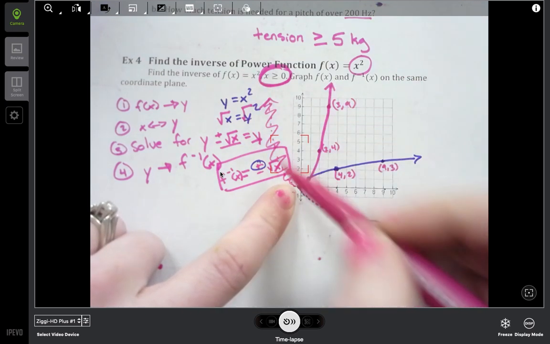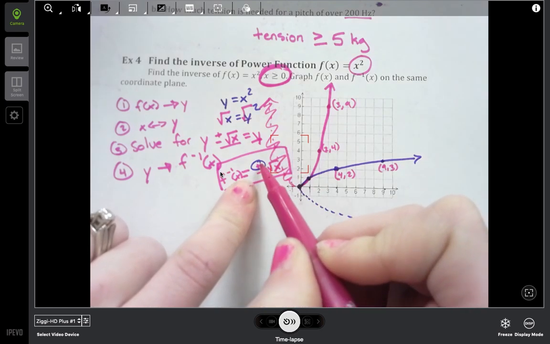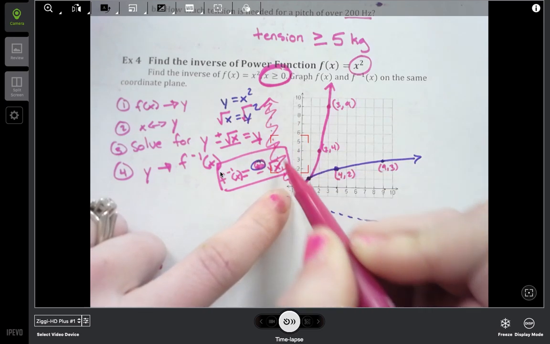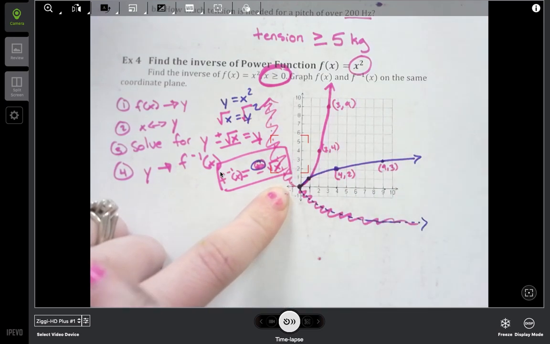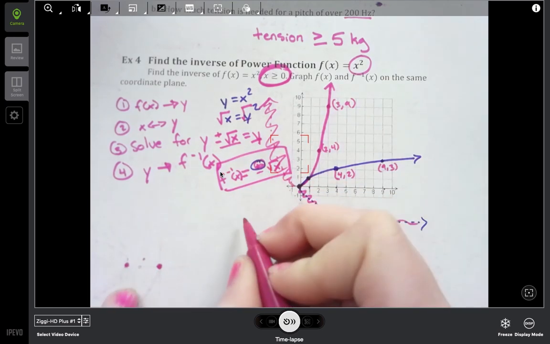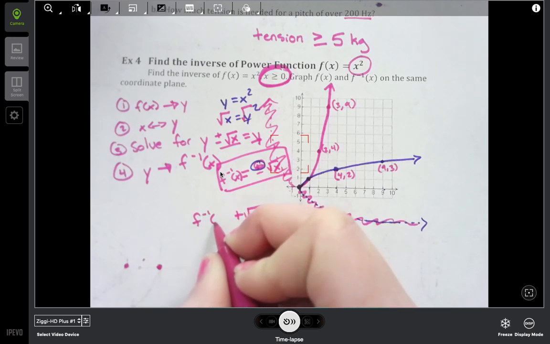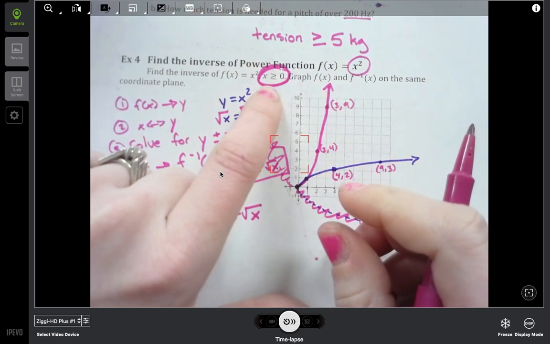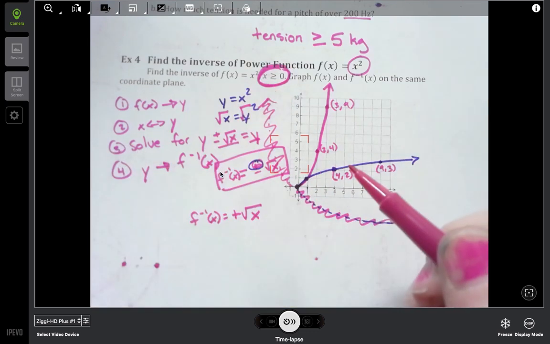And when we do that and find the inverse, we're only looking at the positive square root of x. So if we ignore this half of the parabola, we're really going to ignore this half of my square root function. So really, when I find the inverse, I only need the positive square root of x. Okay, so that's something that they kind of add in there every once in a while. Don't let that confuse you a whole lot, but they'll sometimes do that.